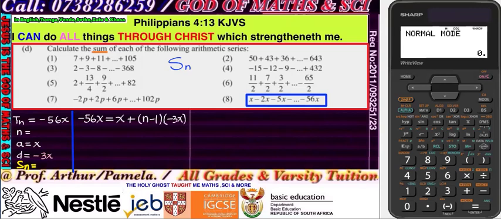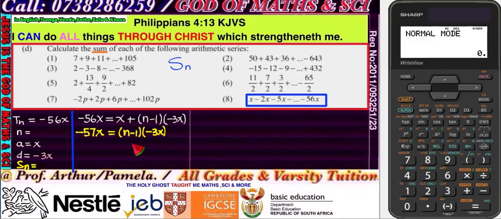All right, don't forget, no matter what you've got, n must end up as a natural number. When you take that x, transpose it there, it's going to be minus. So it's going to help you to have negative 57x now, equals n minus 1, and then into negative 3x. Like I said, choice is yours. You can take minus negative 3x, multiply it into that bracket.